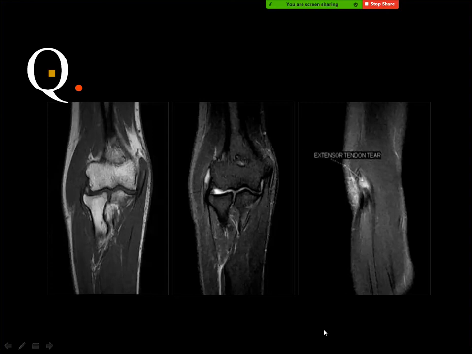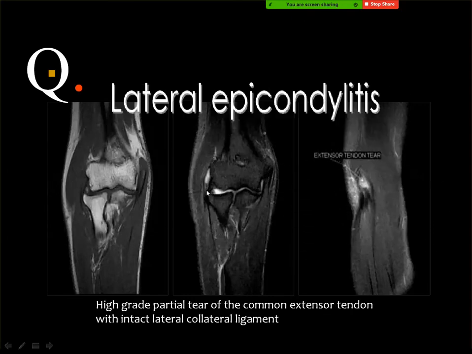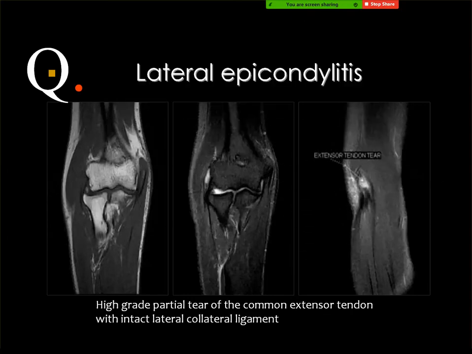Elbow joint. Tennis elbow, lateral epicondylitis, yes. And you see abnormal signal in the common extensor tendon.